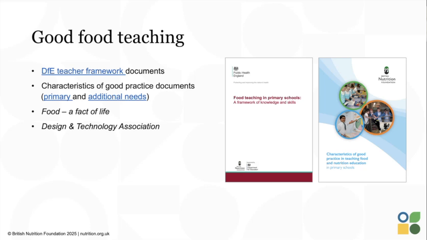So one of the first ones we looked at was the Food Teaching in Primary Schools, a Framework of Knowledge and Skills, which was actually put together by the British Nutrition Foundation, the Department for Education, and also Public Health England as it was then.